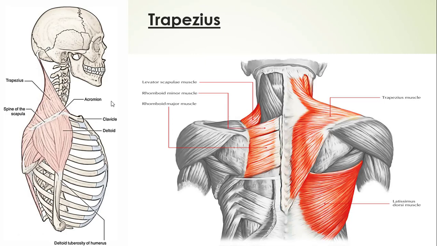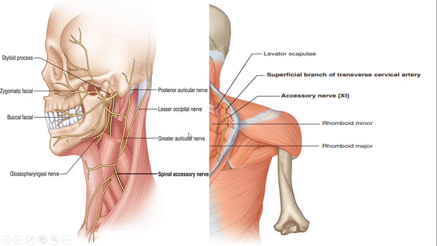Now let's talk about the innervation and blood supply. In case of blood supply, we should describe how the medial part of the muscle is supplied, and how the lateral part of the muscle is supplied, so that when we mention arteries, it makes sense. Now the innervation.